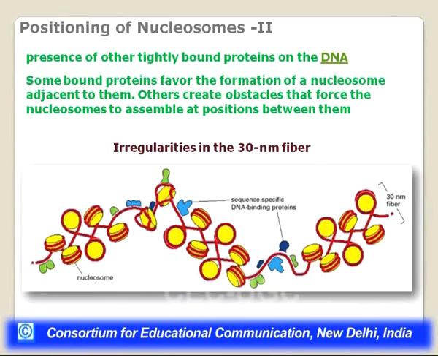As you can see, the sequence specific DNA binding proteins, when bound, do not let the nucleosome arise, or sometimes when they are bound, they bring closer the two nucleosomes which would supposedly be present at so much length of the DNA. So there are irregularities in the 30 nanometer fiber.